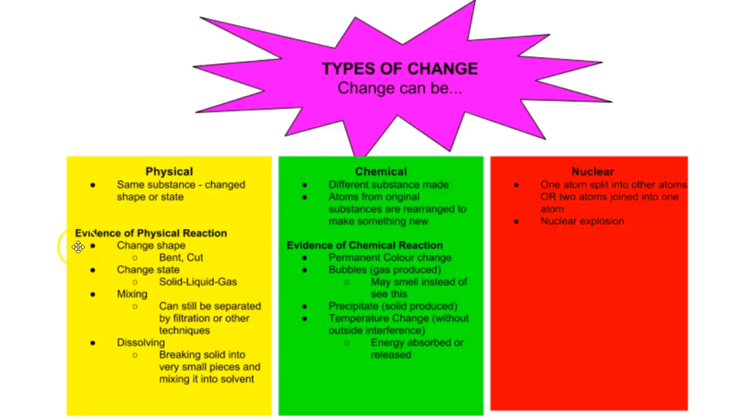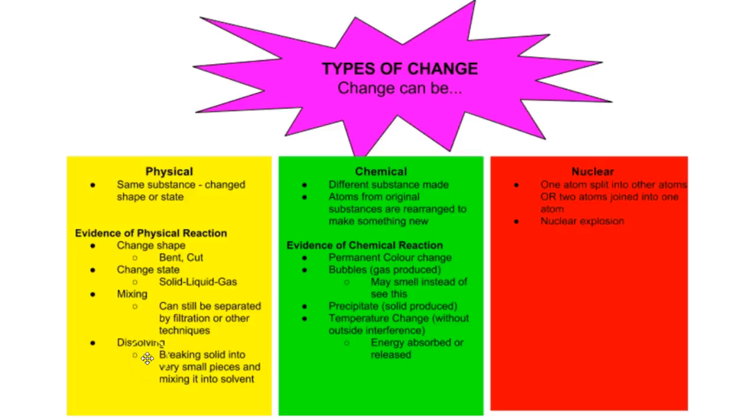You've got to get into your head the difference between physical and chemical changes. Physical means it's the same thing, so you've either cut it or bent it, you've changed it from a solid to a liquid and back, a gas and back again. You might have mixed it up with other substances, but they're still the same substance mixed in there. If you used certain techniques like filtration, you could actually separate them back out again.